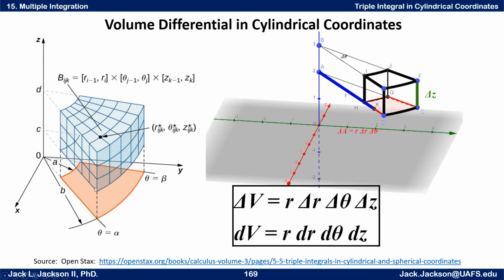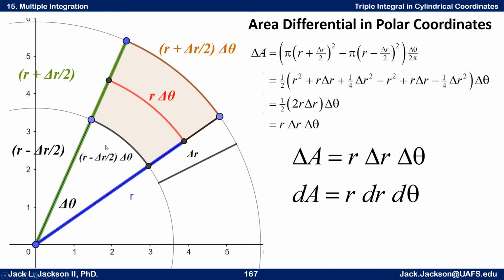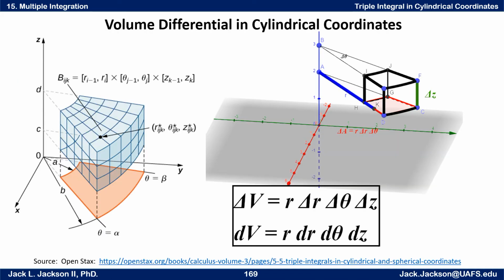It looks like one of the shapes we just looked at before. So the area there is just going to be r delta theta. And then we get a volume by multiplying that by delta z. So if we say the delta volume of that piece is r delta r delta theta delta z, the differential then becomes dV, and that is r dr d theta dz.